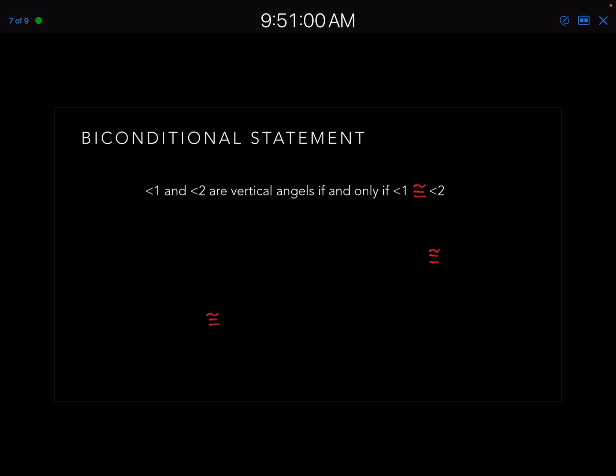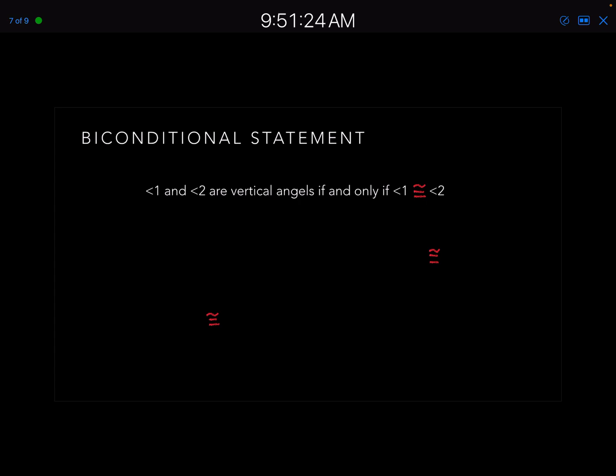All right. So, now that we can take it in one direction, we can write a biconditional statement. Now let's go the other way. Say that you're given a biconditional statement, and we want to write both the conditional statement and the converse.